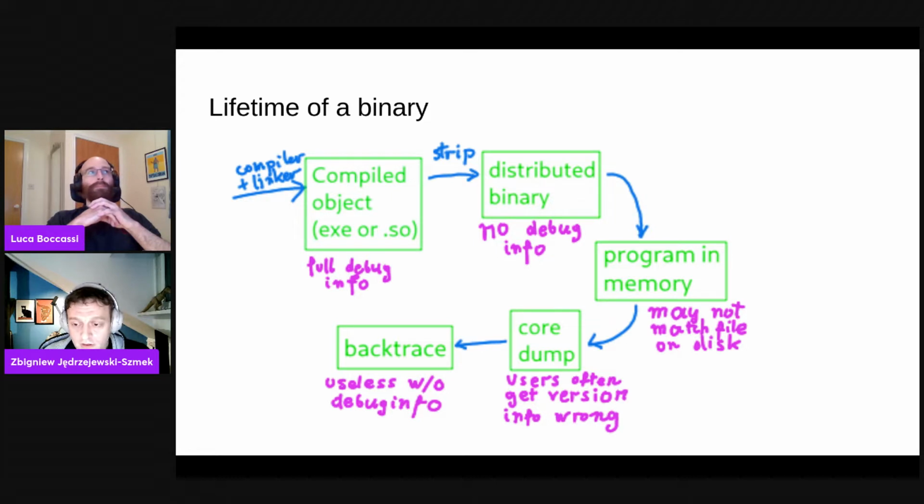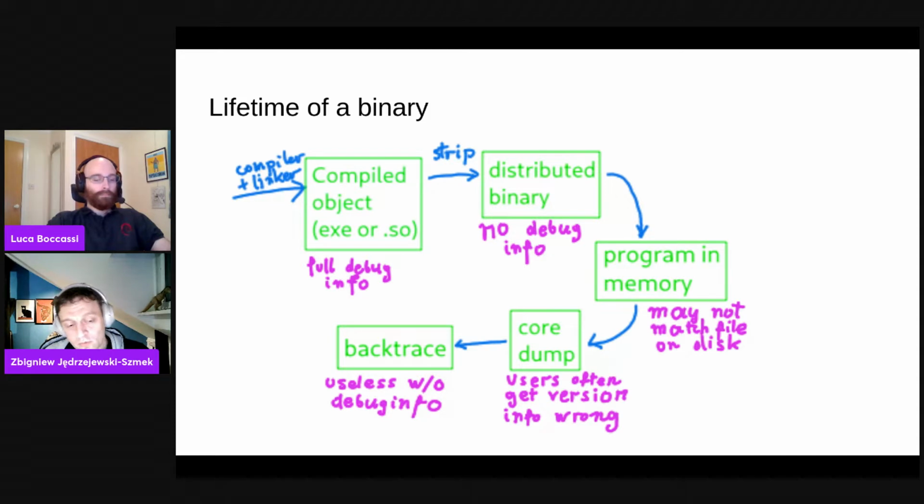And when users try to report this to the maintainers, they get version information wrong quite often. This is especially common during package upgrades, where multiple versions of the package are involved, and well, it's confusing and it's easy to get wrong.